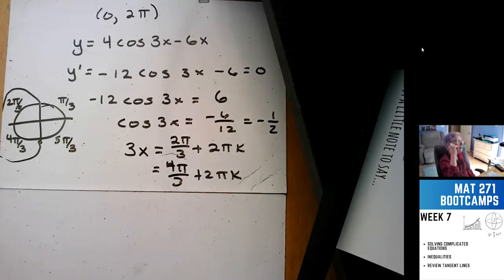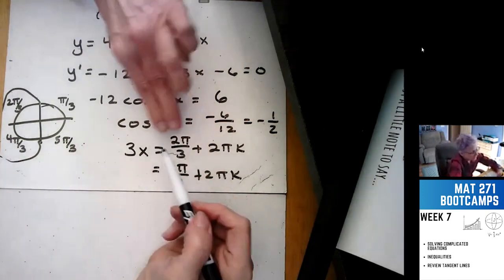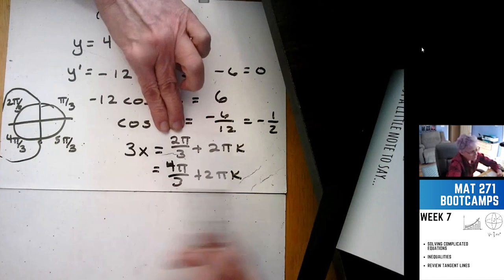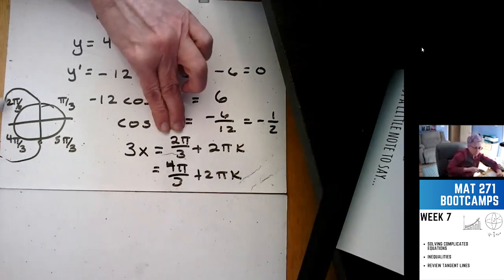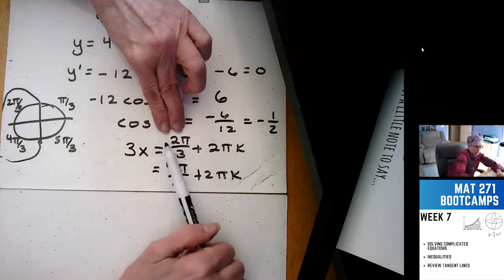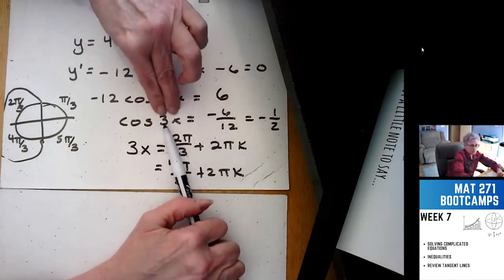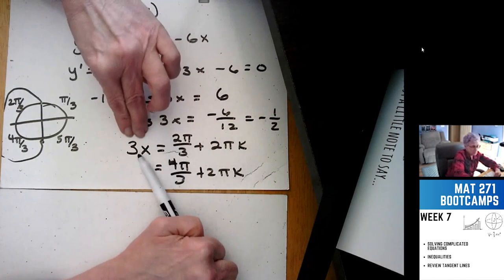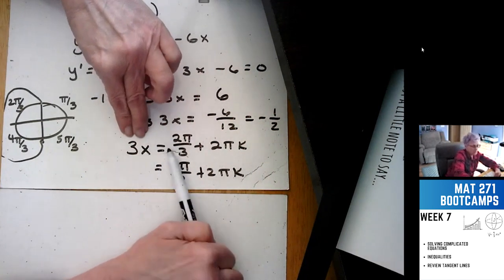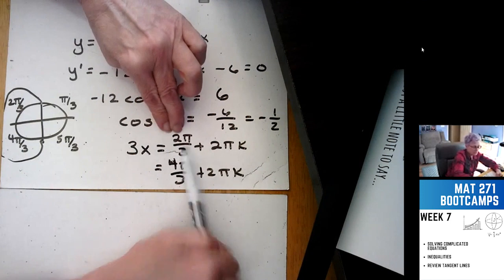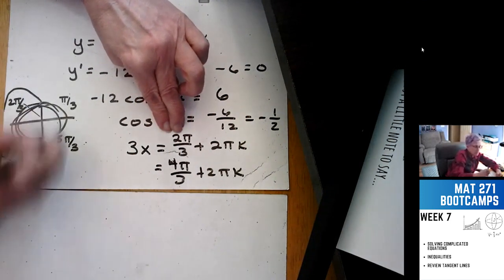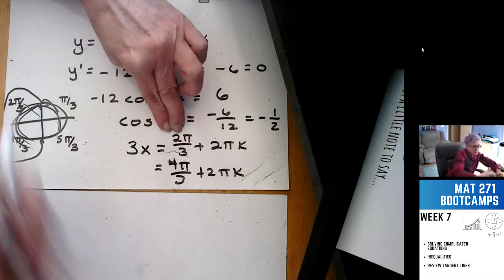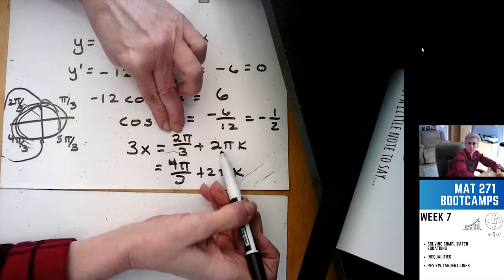Yeah, you have to think way back to trig class. So you just have to look at cosine. Where is cosine equal to negative 1/2? Well, over here. So that means that whatever we're plugging into the cosine machine, in this case 3x, has to be equal to 2 pi over 3, but it happens again every time we loop around the unit circle. So we add 2 pi k to it.